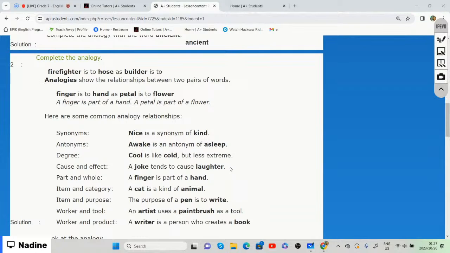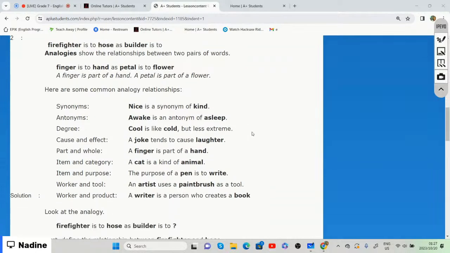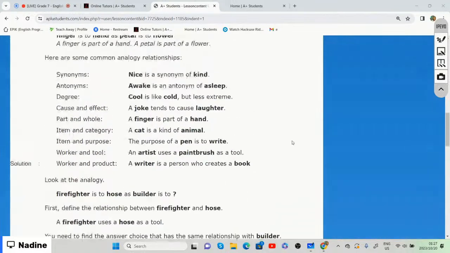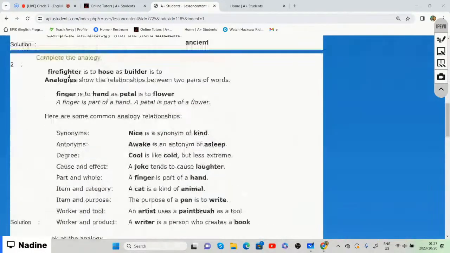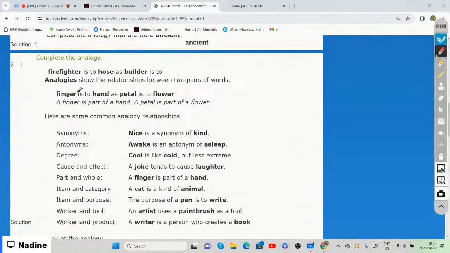Firefighter is to hose. A builder is to hammer. Yes, which means that these are the specific tools that they use.